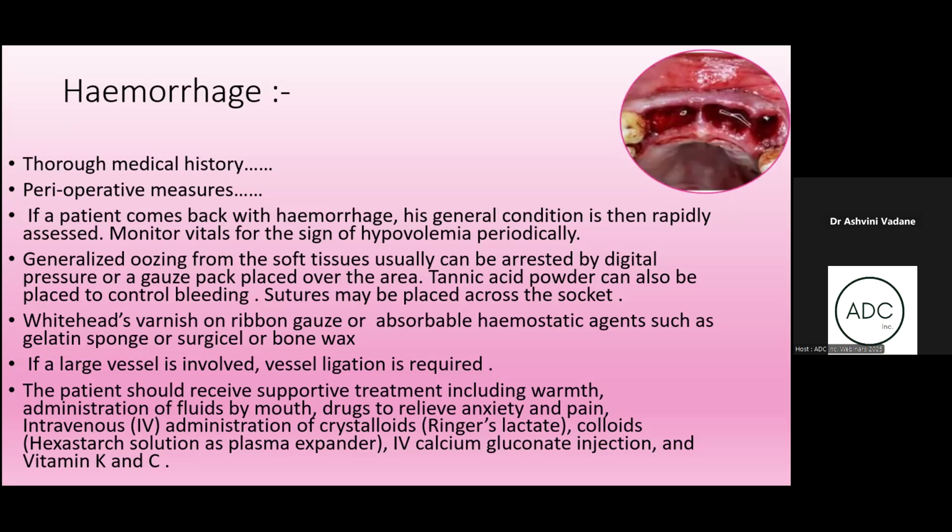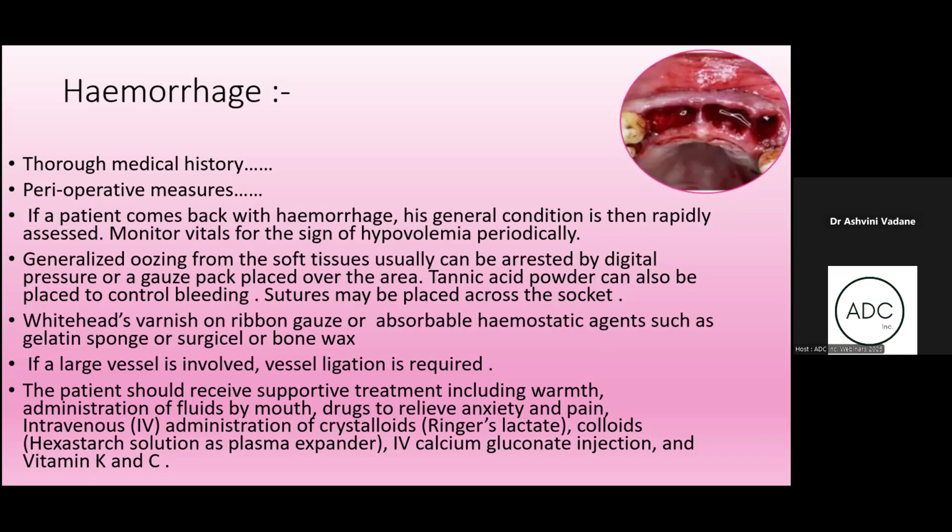And if a large vessel is involved in the bleeding, then vessel ligation is very important. For that, you have to call the expert only. With their expertise, they will perform the ligation procedure. Then the patient should receive supportive treatment like warmth and administration of fluids, orally as well as intravenously.